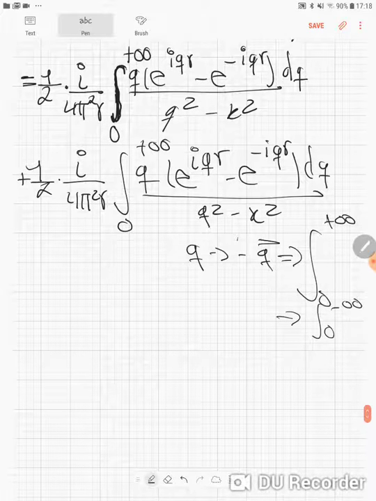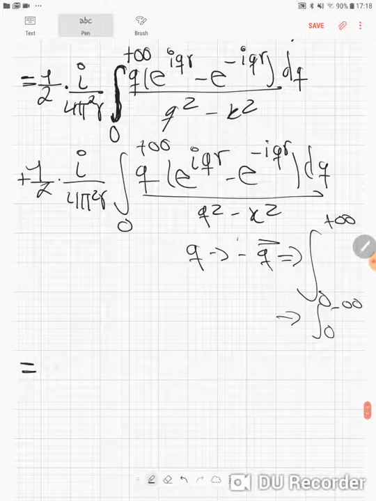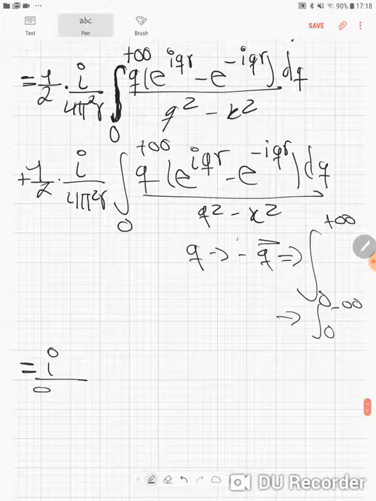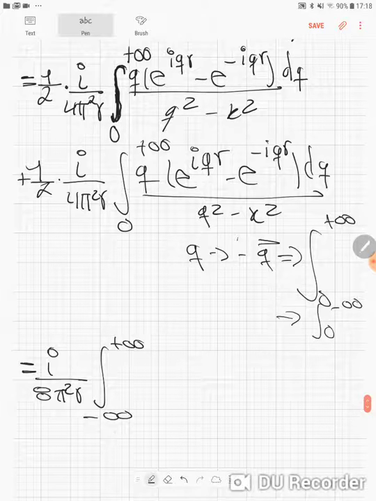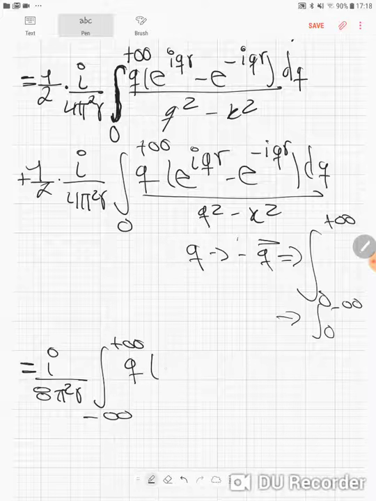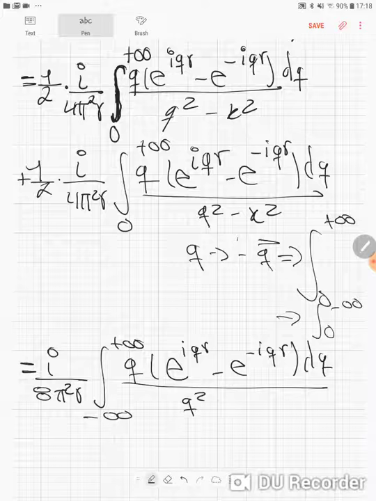And if that's what actually will happen, then this integral is going to end up written as i divided by 8 pi square r, integral from minus infinity to plus infinity, q e to the iqr minus e to the minus iqr dq divided by q squared minus k squared. Okay, this is the trick that we want to perform.